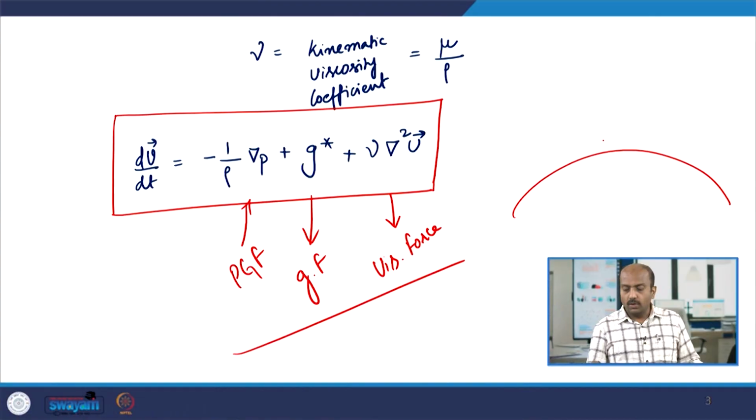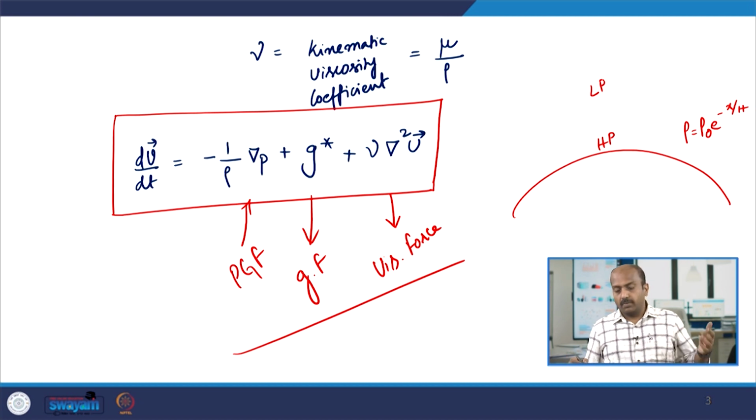For example, the simplest example is if you consider the earth. When you see the pressure or the density, it varies like this, right. So, what does it mean? There is an exponential decrease of pressure from the surface, with high pressure near the surface and low pressure away from the surface.